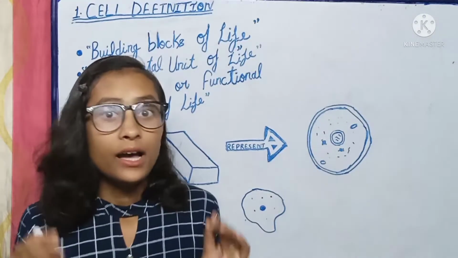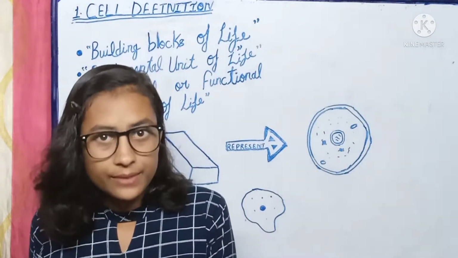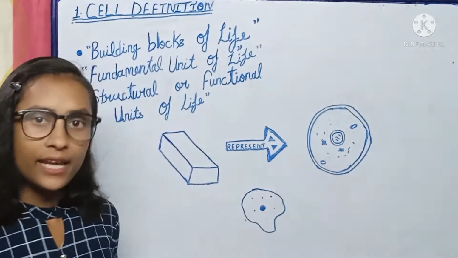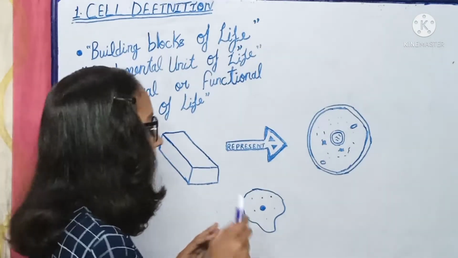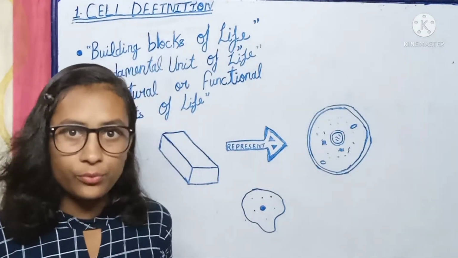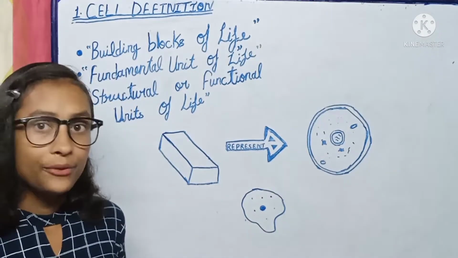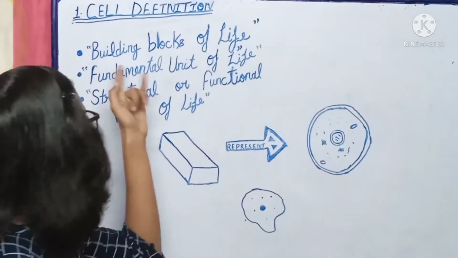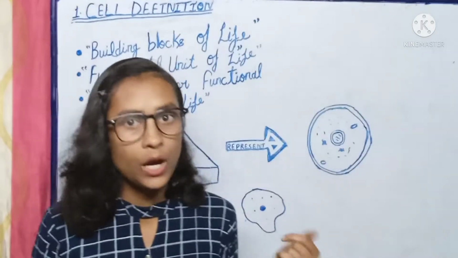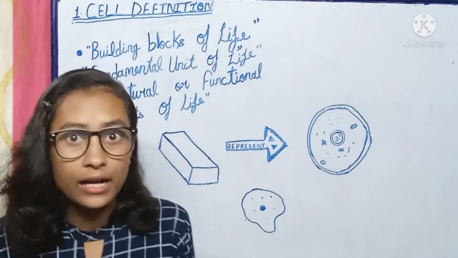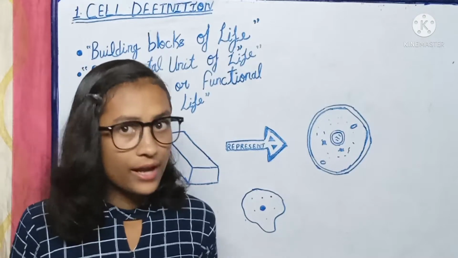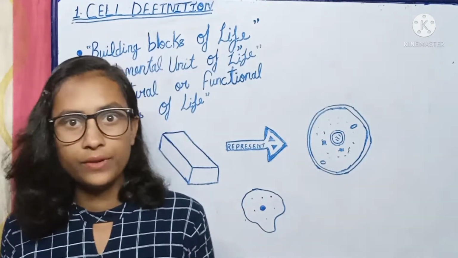Because it makes a living organism's life. For instance, again we have a best example, that is amoeba. Amoeba is made of only one cell, and only one cell makes its body. That's why it is called the building block of life. So one cell makes a living organism.